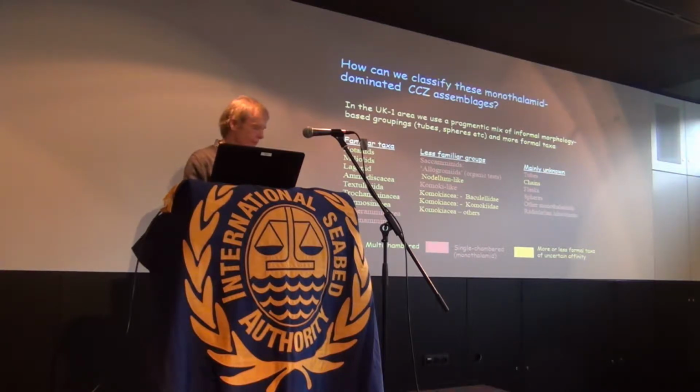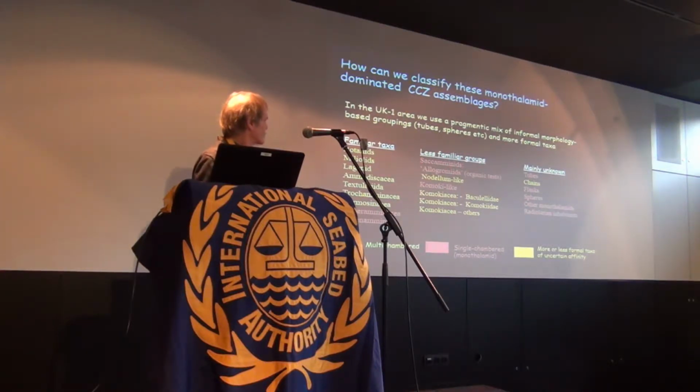I've divided the groups into 3 categories: familiar taxa, less familiar groups, and mainly unknown. The familiar taxa include mainly multi-chambered taxa, so rotalids, miliolids, textulariids, and so on. These are coded in green.